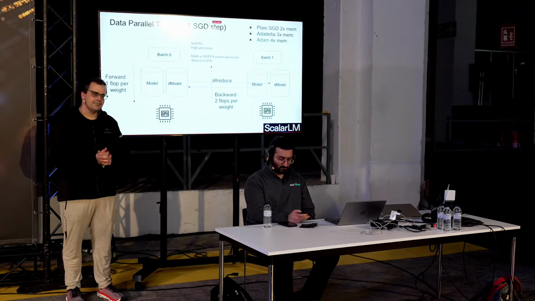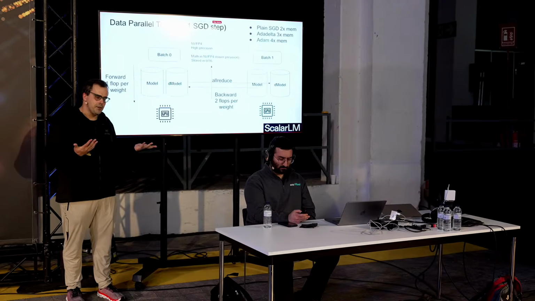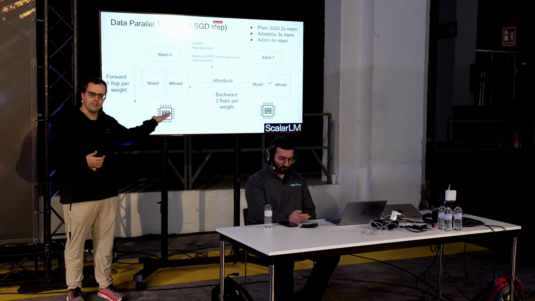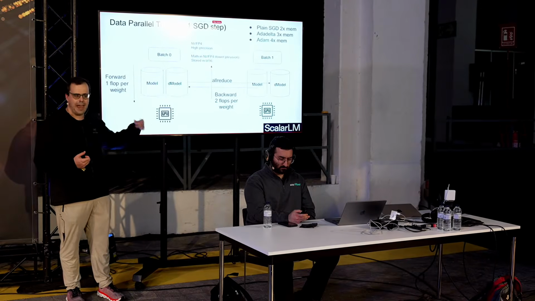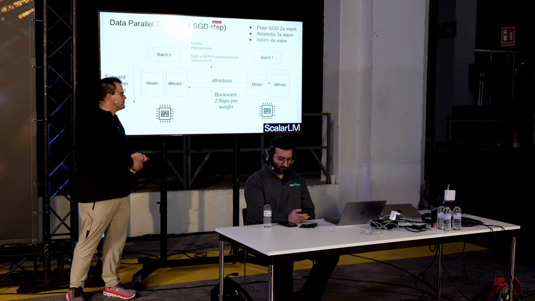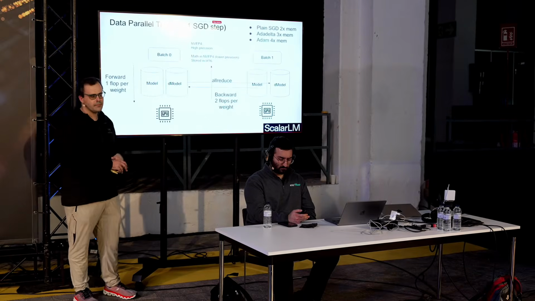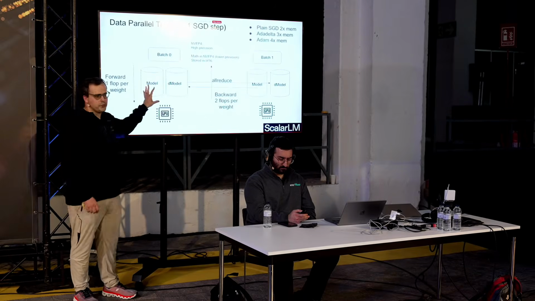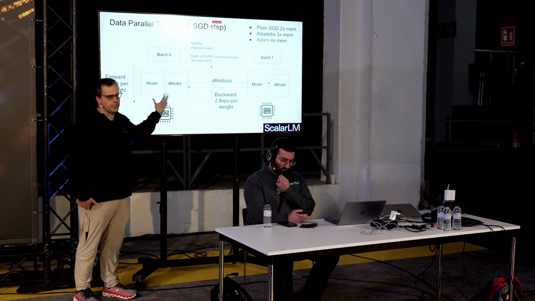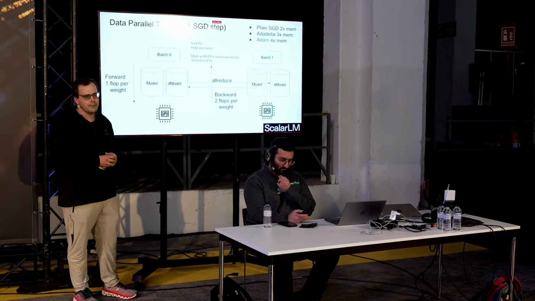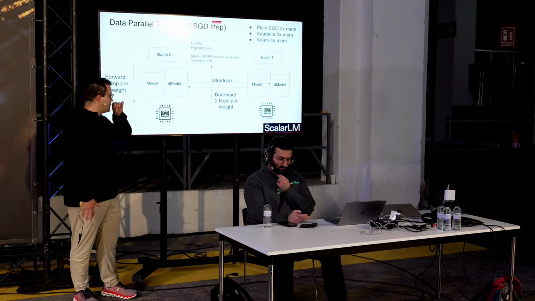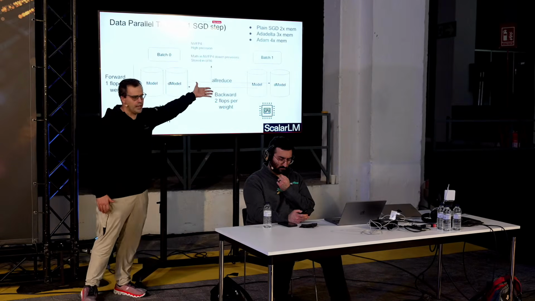mathematically not very complicated at all. You're just averaging, or summing, the gradients across all the GPUs. And it's really tricky to do this over a network because it's very easy to do this slowly. It's very hard to do it quickly and efficiently. So that's why we have these collective algorithms.